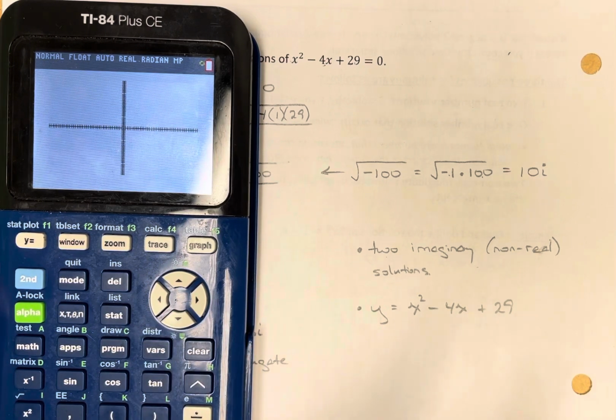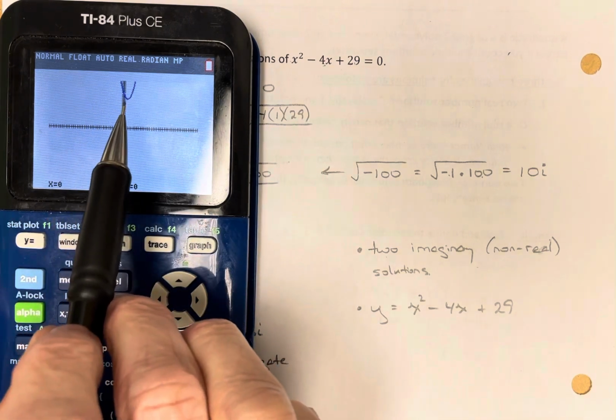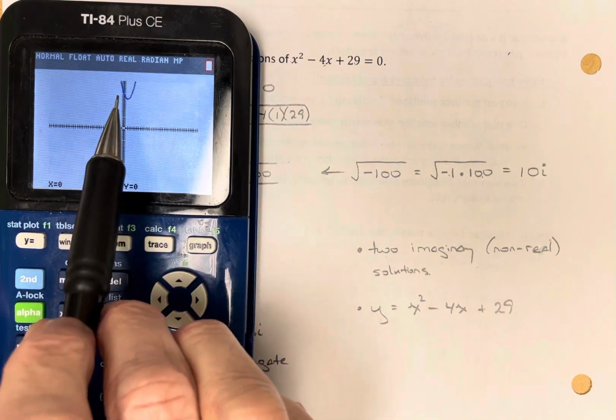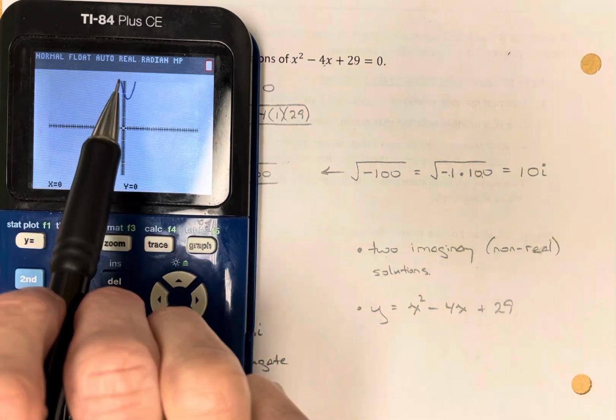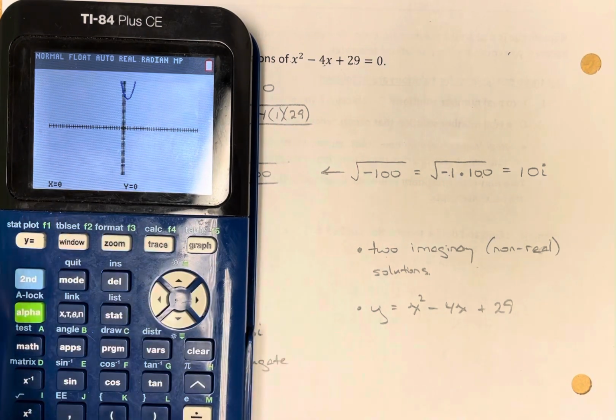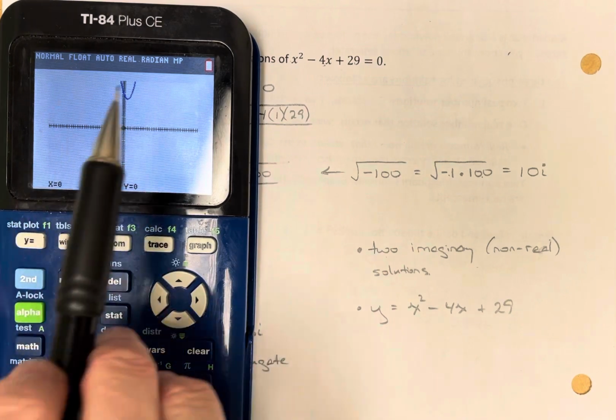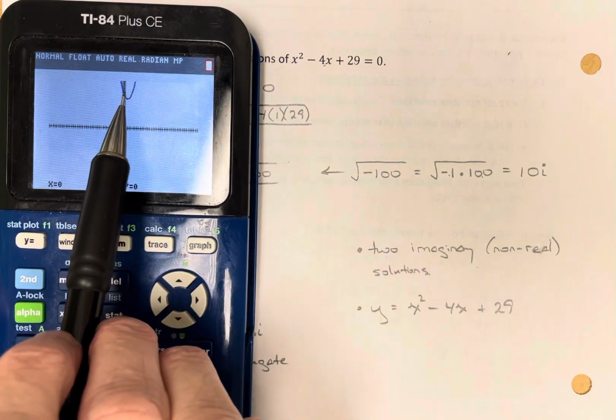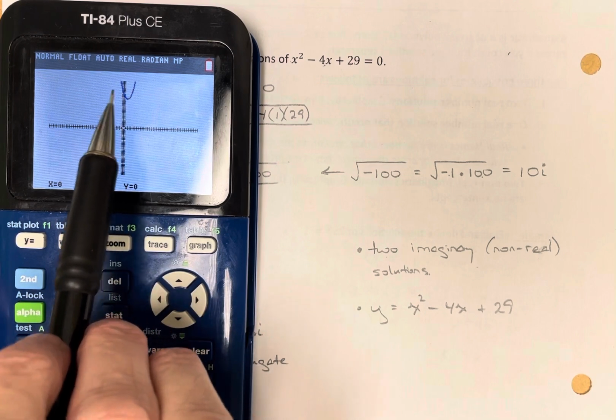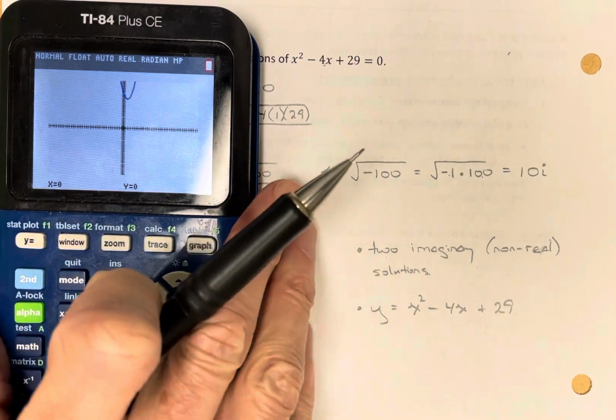I'll zoom out from the origin. Here it comes. There it is, right up there. It's up high. In this case, it's up above the x-axis. The parabola is opening up, but certainly you can see that there are no x-intercepts. It's way up here above the x-axis, mainly in quadrant number 1, but also in quadrant number 2.